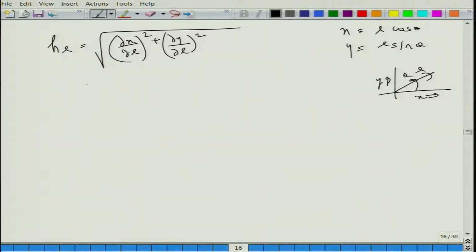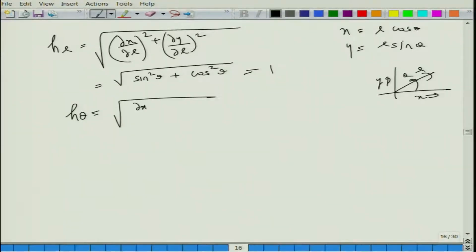Once we substitute this, we will see that this is sin square theta plus cos square theta, root over, this is 1, and h theta is, so this will be your r square, you can take this common, and this will become the same thing, sin square plus cos square, so it will become r.